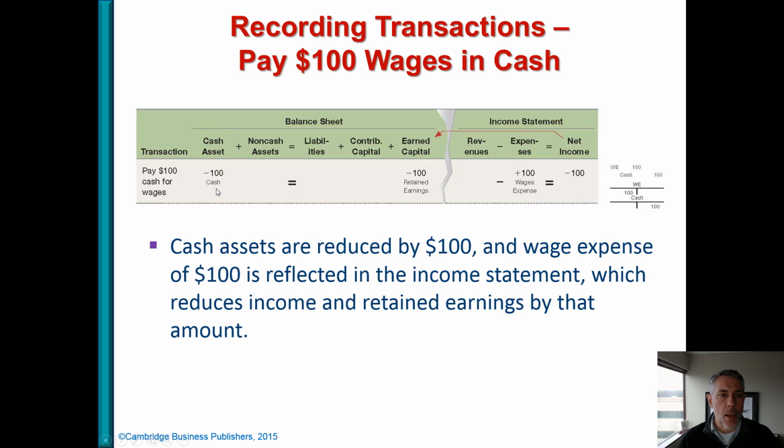And on our balance sheet as a reduction to cash. And on our income statement as a recording of wage expense. Wage expense will reduce net income by $100 in this case, and then that reduction to net income will flow through to earned capital as presented on the balance sheet.